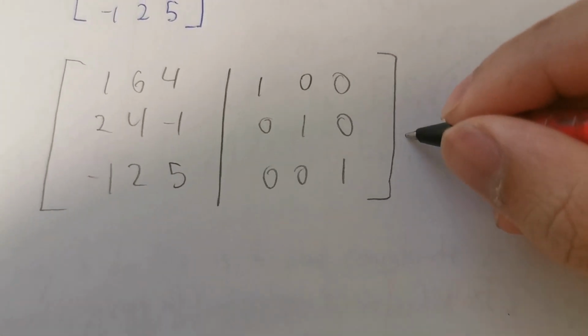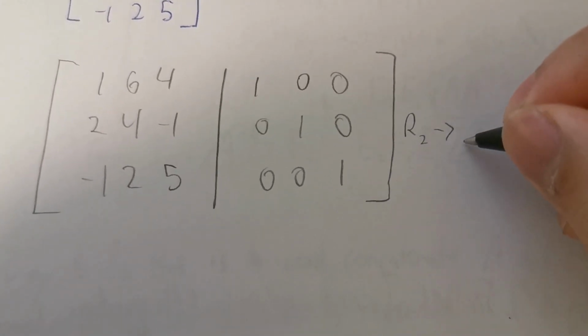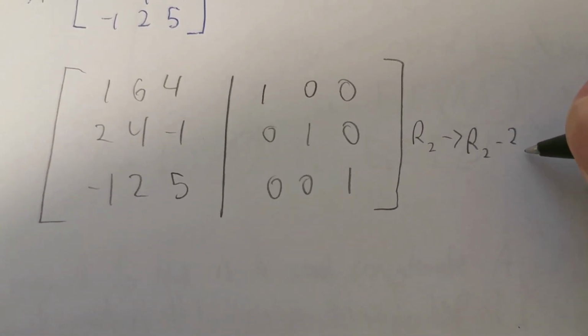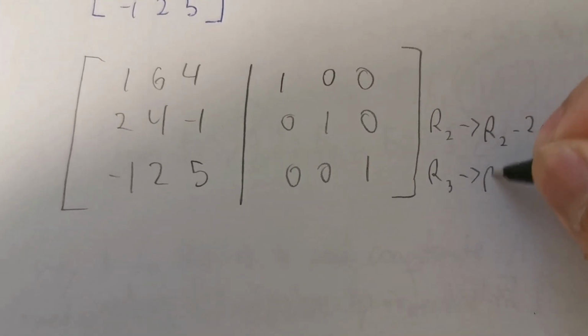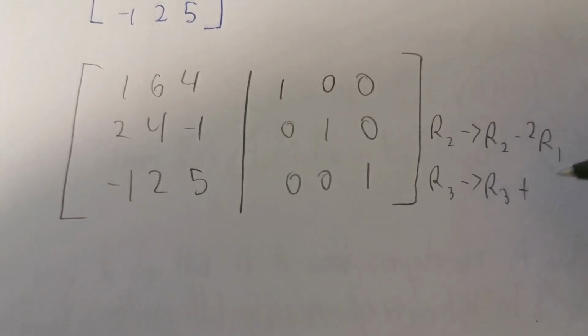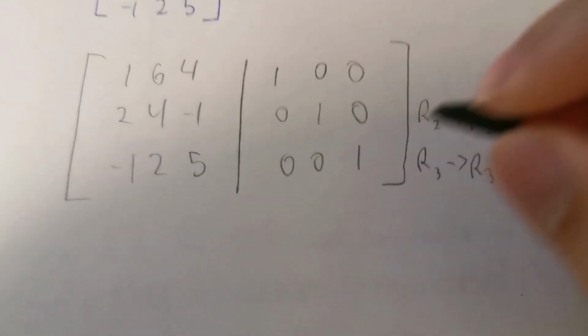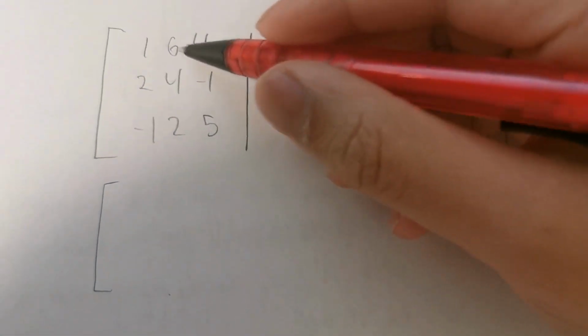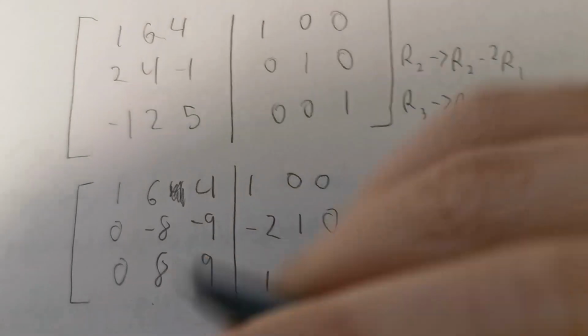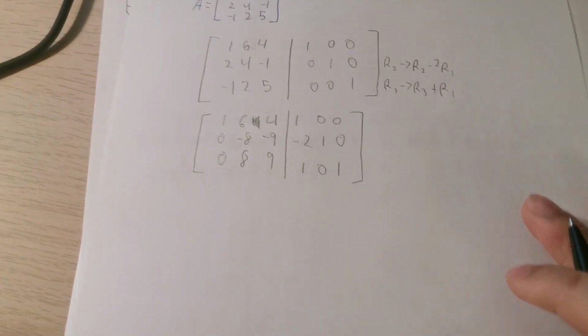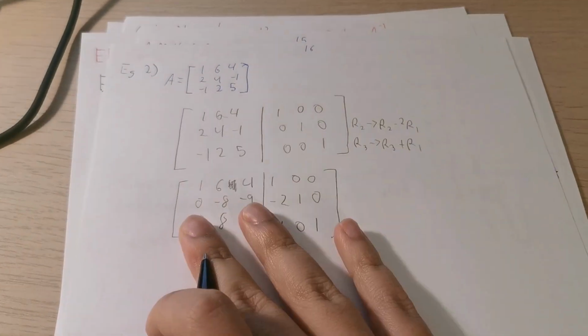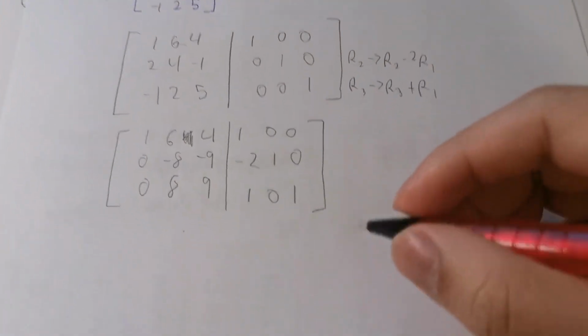And then start with R2 is R2 minus 2 R1, R3 is R3 plus R1. Just do this, and so I'm back here, boop, and then that is what I got. And then we'll continue the thing here.